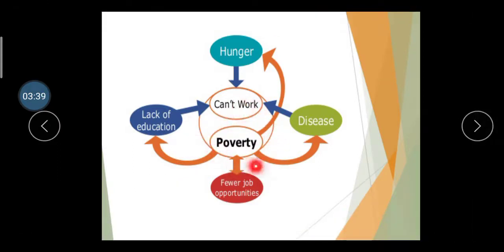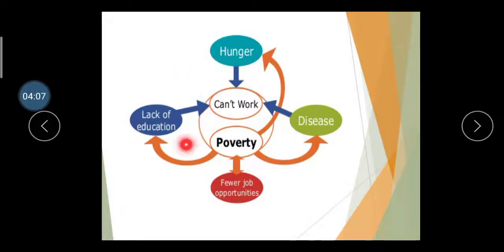How does poverty arise? Because they cannot work. Why can they not work? Because they lack education and suffer from disease. They face poverty because there are fewer job opportunities, because they cannot get higher education, so they cannot get an appropriate job with a higher salary and higher increment in their income.